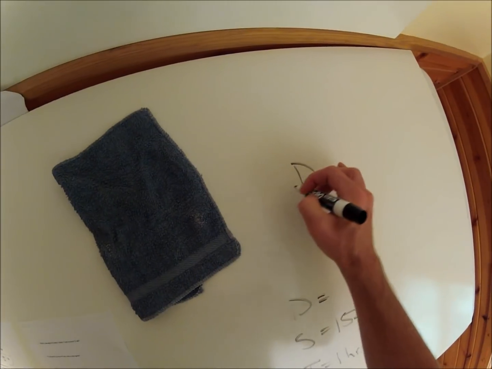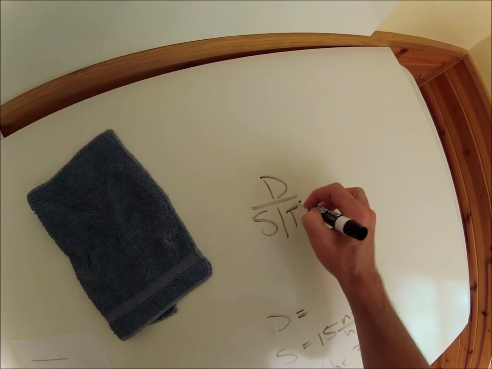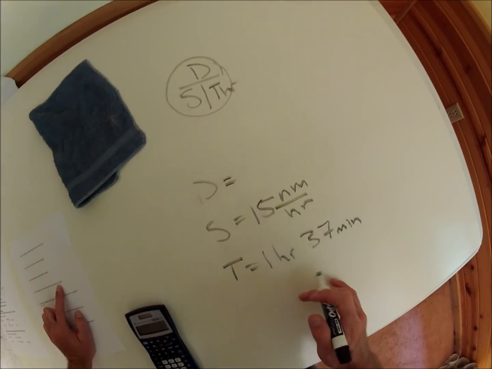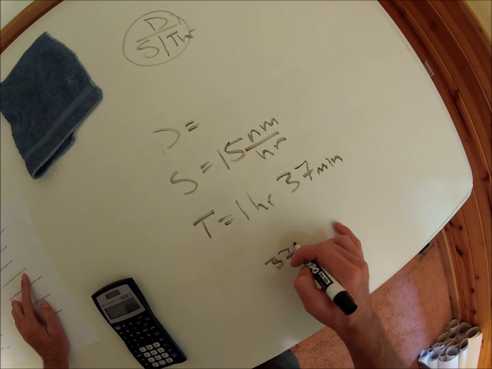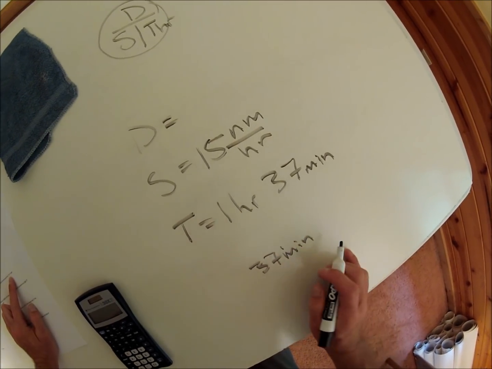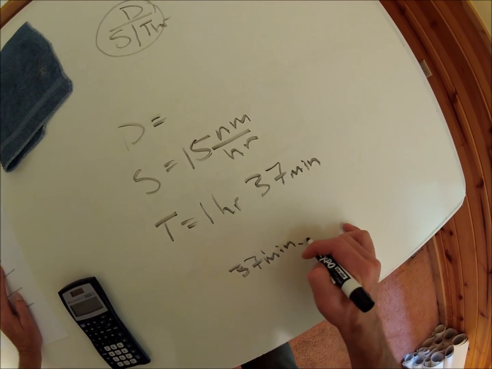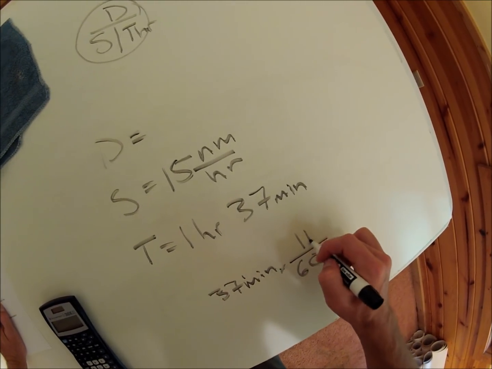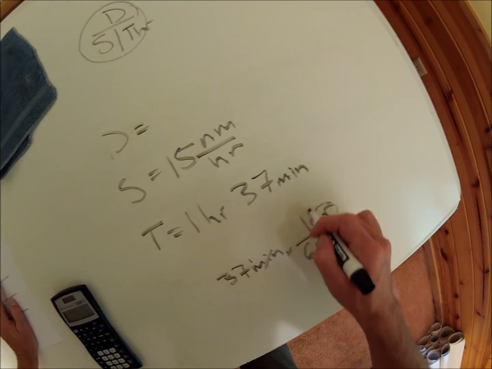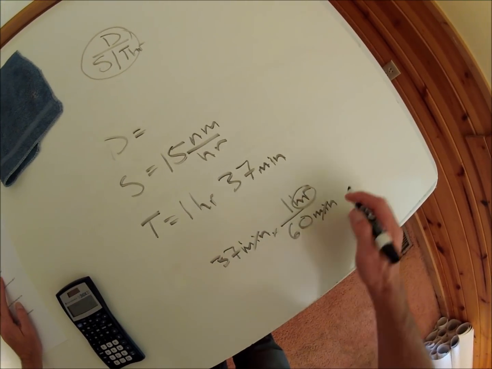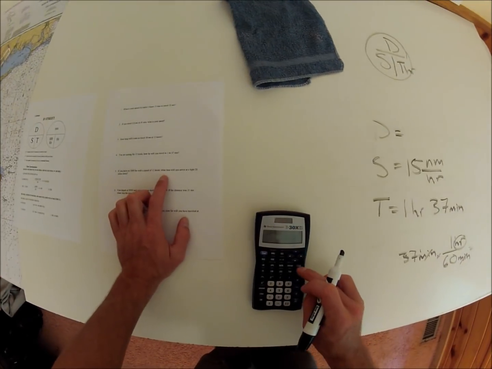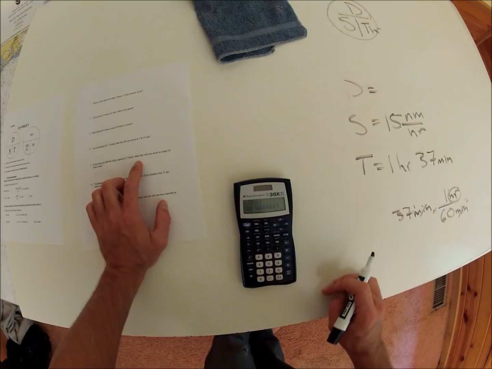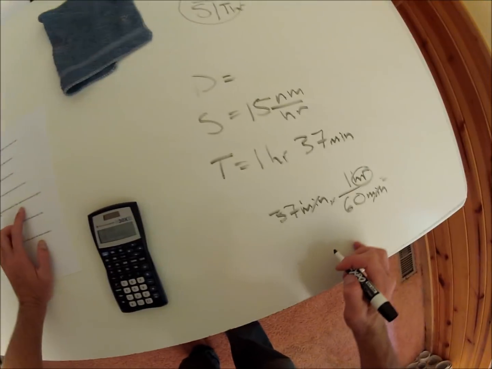And we know when we go into distance, speed, time, we must be in hours. So, 37 minutes divided by 60, right? We're going to get it to hours. So, 37 divided by 60 equals 0.62 hours.